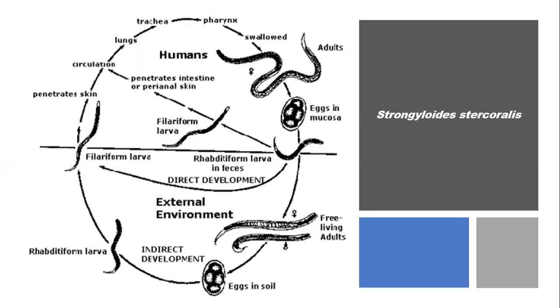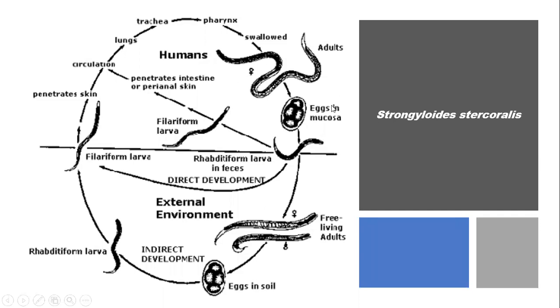But be that as it may, the female worm is known to reproduce by parthenogenesis. That means that this female worm lays her eggs without mating with a male worm, and the eggs develop an embryo not too long after being passed out. So that's a peculiarity of this particular agent.